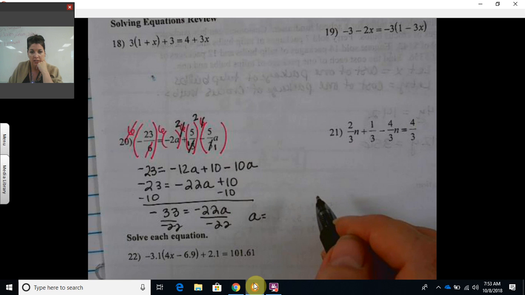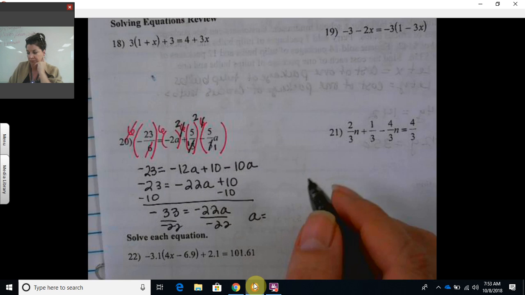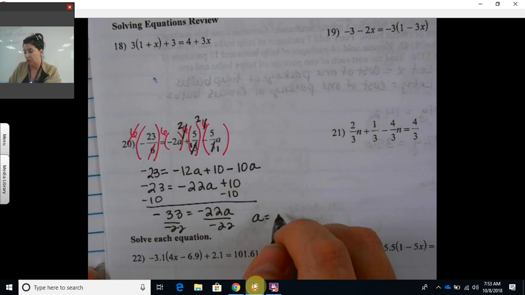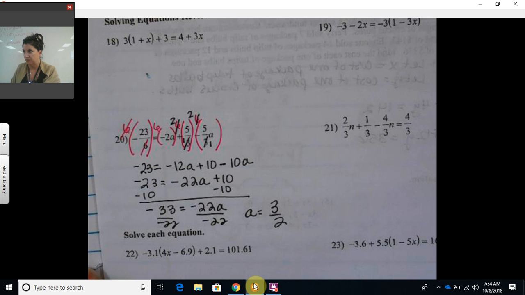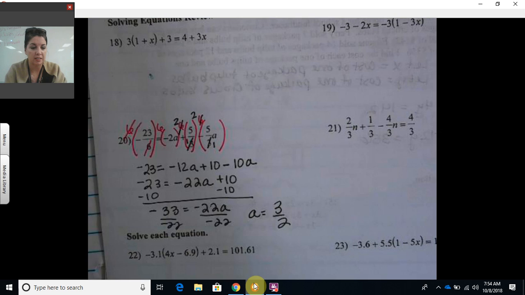And 33 over 22 reduces to what? Close. 3/2. So 11 goes into 33 3 times, 11 goes into 22 2 times. All right? And that concludes the review.